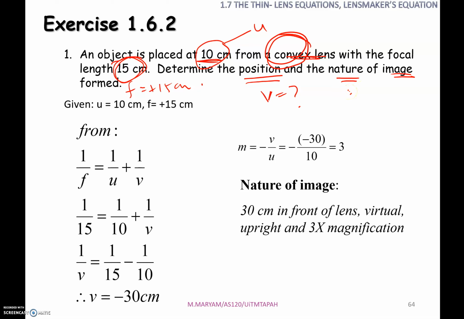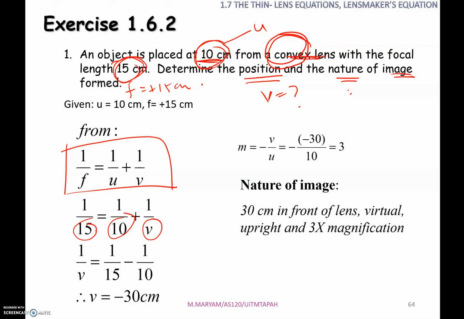So how do I do this? I can use the lens equation, which is 1 over f is equal to 1 over u plus 1 over v. So put in all the values. 1 over f, the focal length, is positive 15, and that is equivalent to 1 over u. Your u just now is 10 cm.